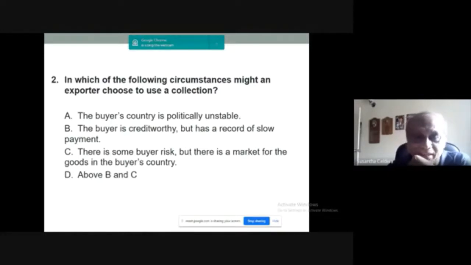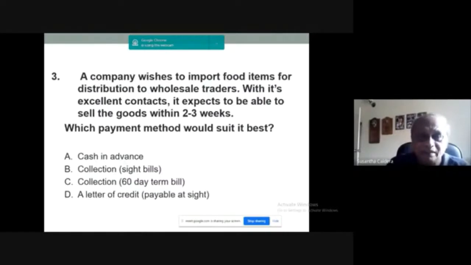But there's a good market for that particular goods in the buyer's country. There's no point of having a good market if the buyer is risky. So therefore, we don't take C also. Then obviously, D is also wrong. Correct answer is B. The buyer is creditworthy, but has a record of slow payment.